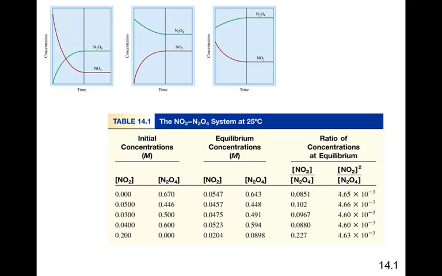So something interesting is happening. Apparently, if we take the concentrations of the products, the stuff on the right-hand side, at equilibrium, and raise them to their coefficients, and divide by the concentrations of the reactants, the stuff on the left-hand side of the equation, raised to their coefficients, we get a constant.